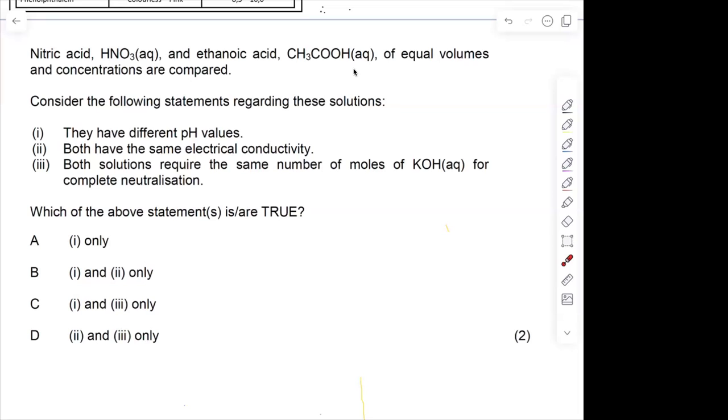Okay, a little hint for those that haven't given us their answers yet. Think about what is the difference between the two substances that have been given. What is the difference between nitric acid and ethanoic acid? What is that difference? And that might help you be able to answer the question. Okay, you got 45 seconds left.